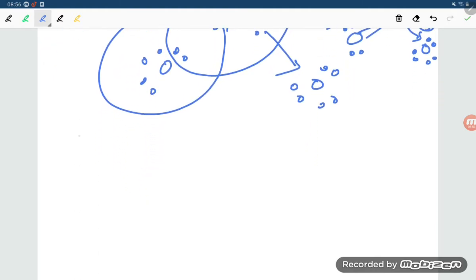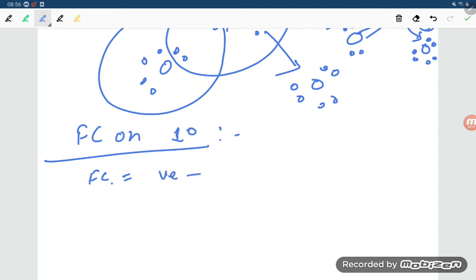Now the formal charge on oxygen 1. So the formal charge on oxygen 1, how to calculate it, student? Formal charge on oxygen number 1 equals valence electrons, minus non-bonded electrons, minus bonded electrons by 2.